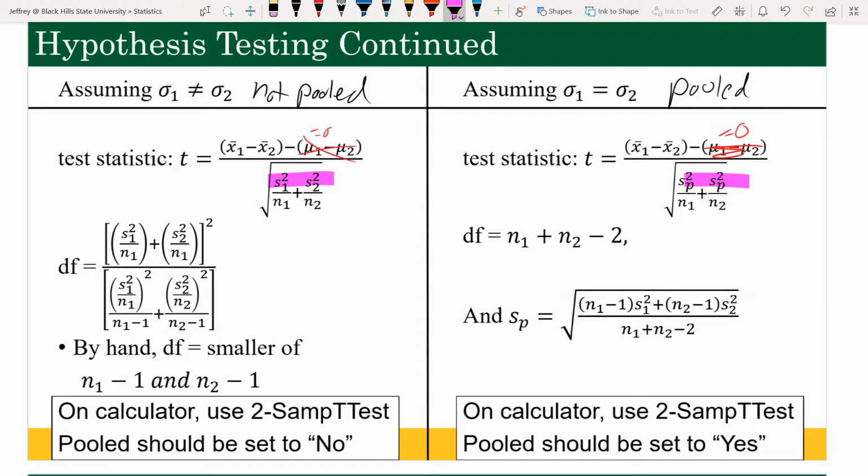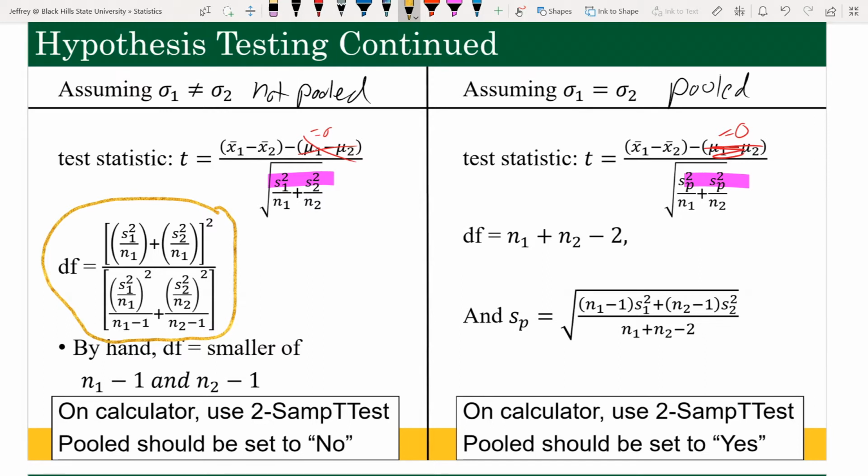Now, something that you're probably not going to like is that the formula for the degrees of freedom is extremely complicated for the not pooled case. And this is where you end up actually getting decimal numbers if you do this using my Excel spreadsheet that I made, or if you do this on the calculator.